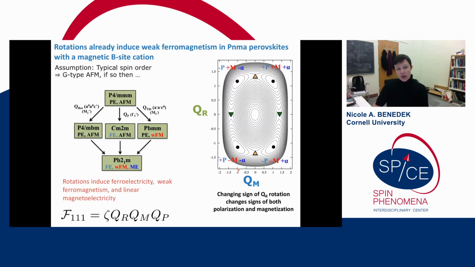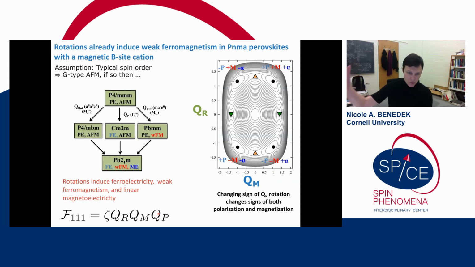If the cation on the B site is magnetic, then the polarization and the magnetization become coupled through the lattice. And again, there's a trilinear term in the energy expansion about the high-symmetry parent phase that couples together the two rotation distortions, R and M, plus the polarization, right?